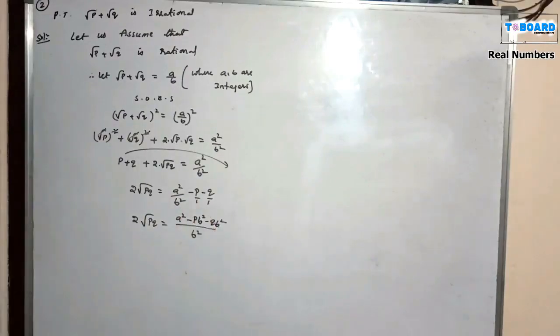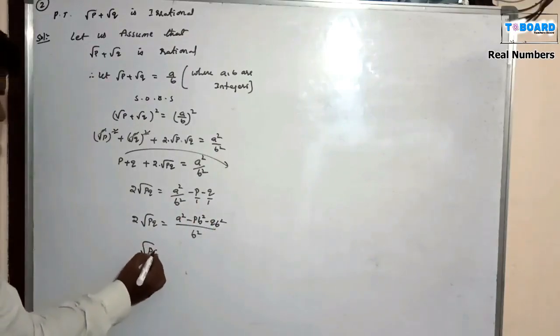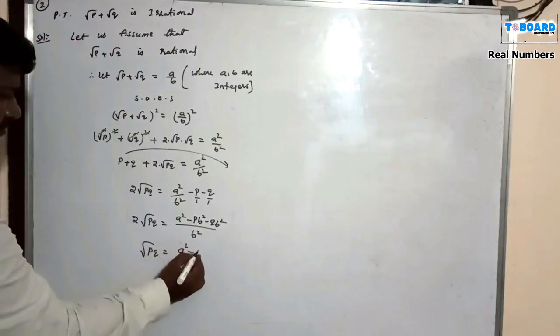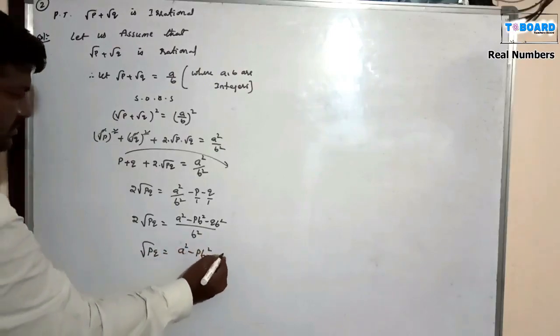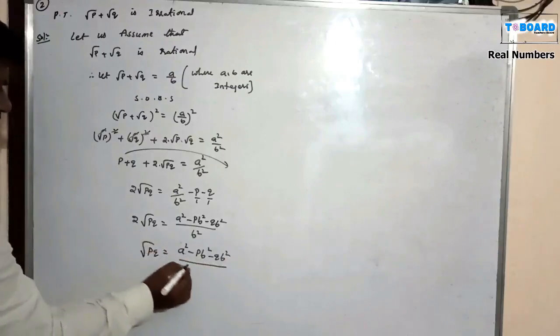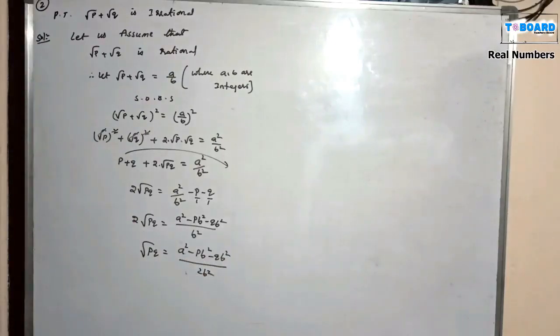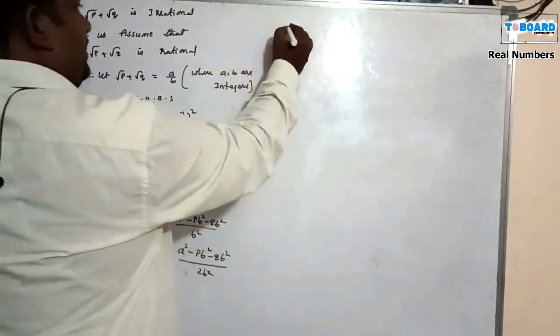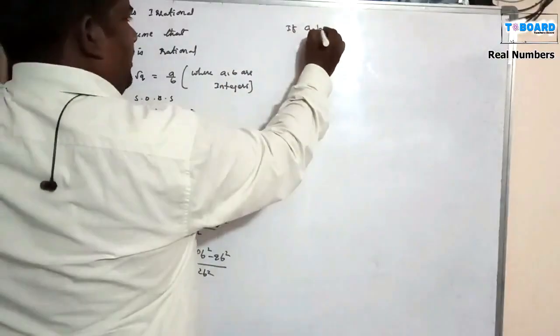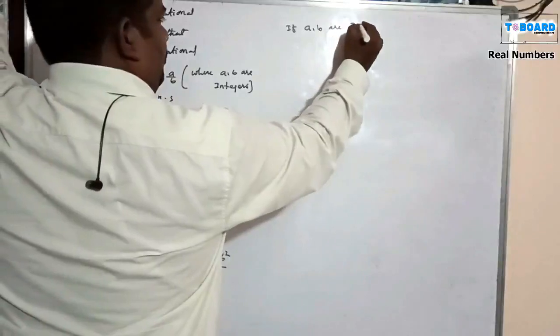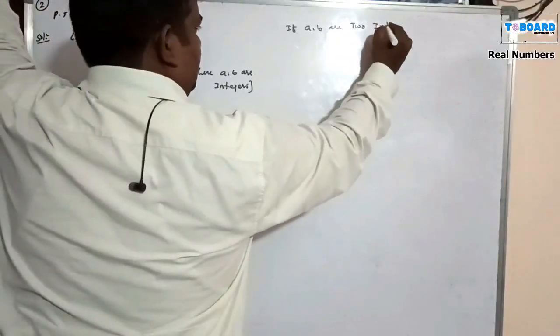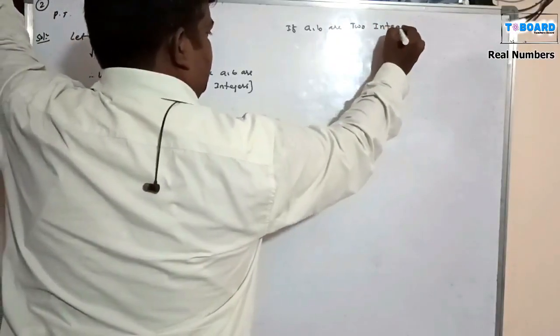Root pq equals a square minus p b square minus q b square by 2 b square.